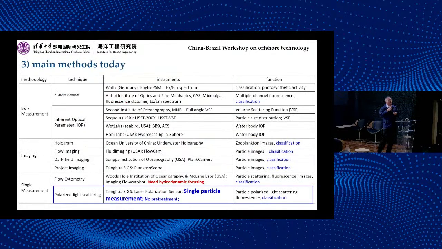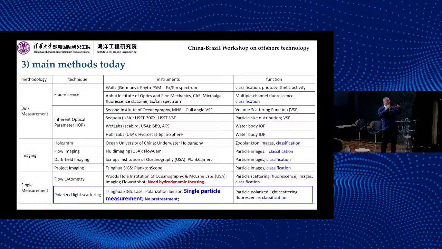And here they have a lot of methods to detect the particles in seawater. But if we want to know the category of the particle, imaging and single measurement are mostly selected here. My research is about the single measurement because imaging is time consuming.